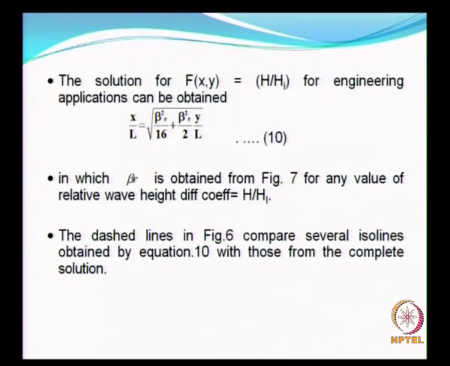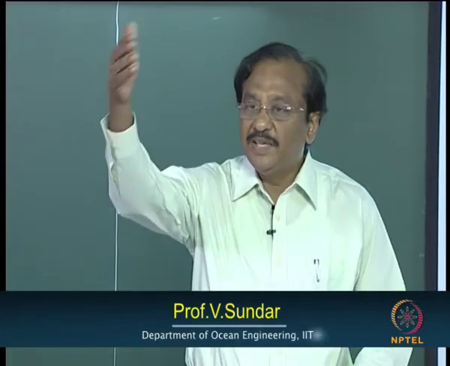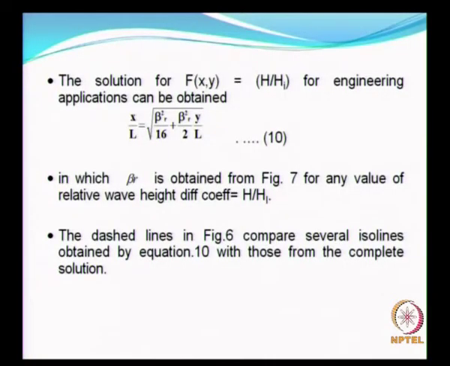The solution to f of x y, which is nothing but directly the ratio between the wave height inside the sheltered area and the incident wave height, can be obtained as given here. x and y are the spatial coordinates, and beta r can be obtained in the next figure, figure 7 in the next slide.